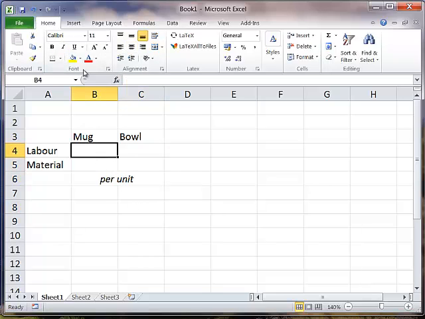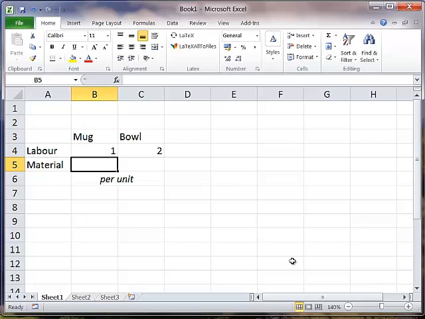Okay, what are the values? To produce one mug it takes us 1 hour, and to produce one bowl it takes us 2 hours.